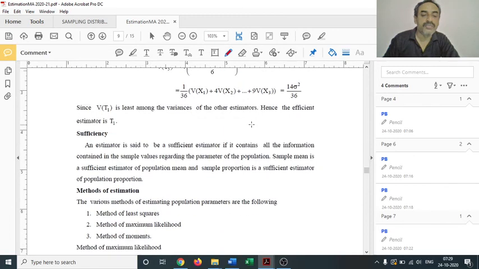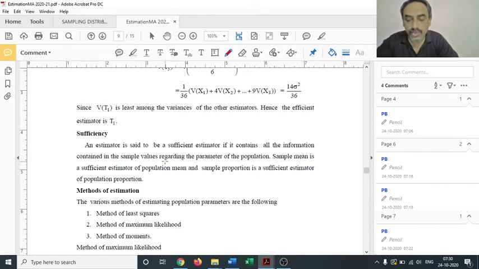So the next is sufficiency. Sufficiency is a little bit analytical property, so we give a very simple explanation. An estimator is actually a function of variables representing the sample, that is x1, x2, etc., xn. These x1, x2, etc., xn contain a lot of information about the parameter theta, but the estimation of the parameter is done by introducing a function of x1, x2, etc., xn.